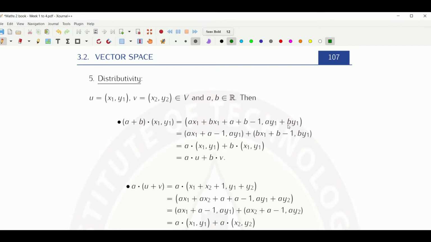So take (ax1 plus a minus 1, ay1) plus (bx1 plus b minus 1, by1), where it is 2 minus 1, ax1 plus a minus 1, bx1 plus b minus 1.